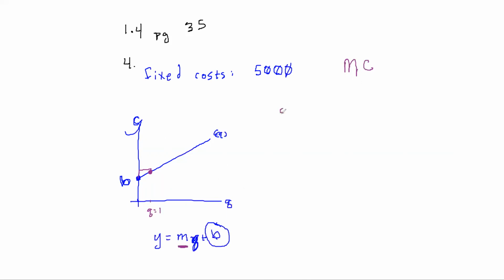We can do this by 520 minus 5,000 over 5 minus 0. So this is going to be 20 over 5, which is 4. So our marginal cost is going to be equal to 4.